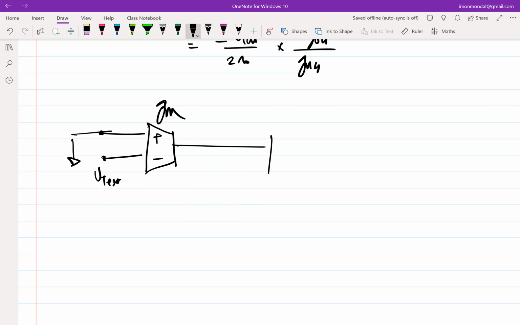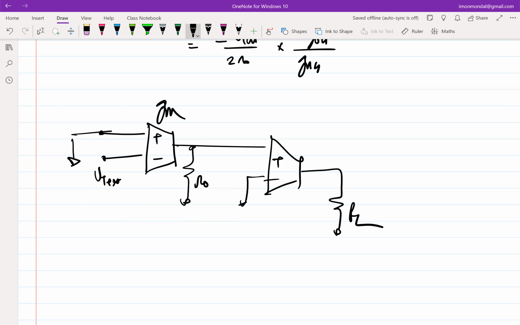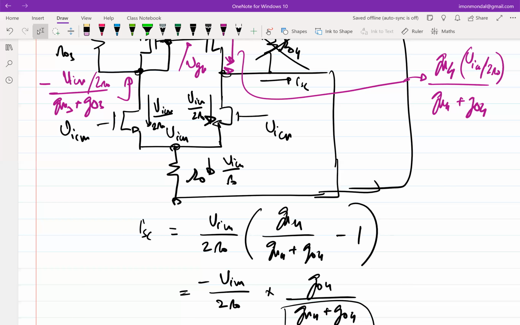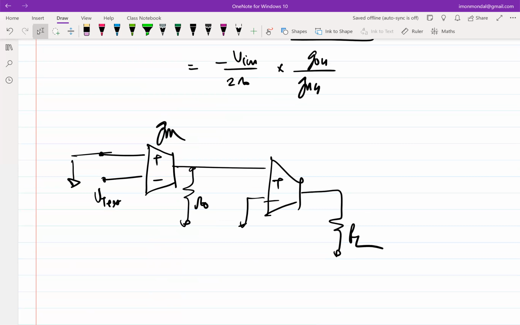So what I'm essentially saying is, if one stage is not enough, I'll put another stage and make this drive RL. Okay. And let's say this has some output impedance of R0, which is equivalent to R0 2 parallel R0 4 for this opamp, for this difamp, right? And this GM equivalent is GM1 with respect to the differential amplifier.